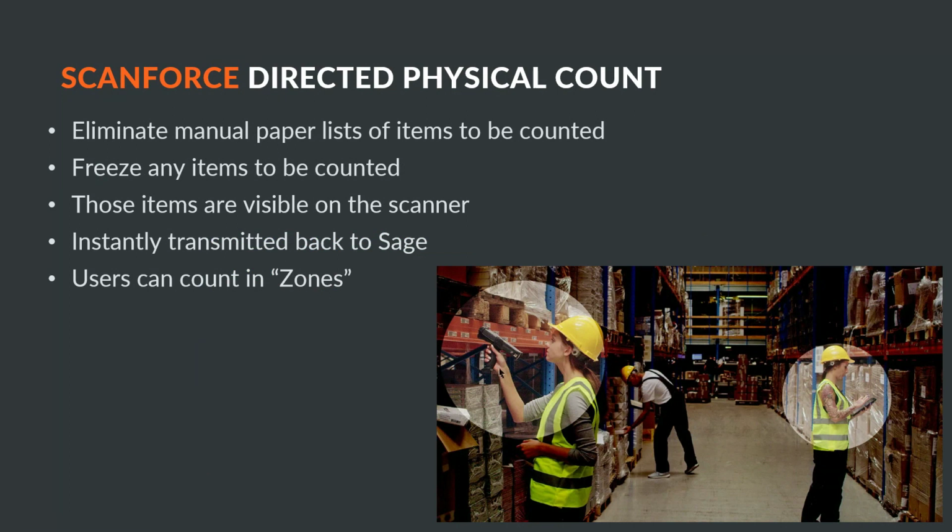Okay. So what we can do is this. Maybe we want them to count in zones. Maybe I'm responsible for this area and somebody else responsible for another area. So when the directed physical count hits, I'm only going to see the bins in my area that I'm responsible for. So the same item, because this is multi-bin, the same item may exist in my zone and somebody else's zone.